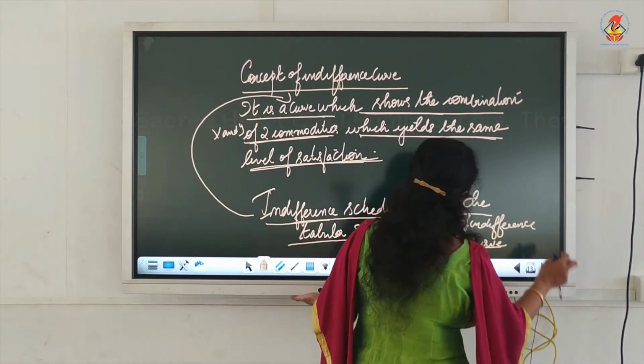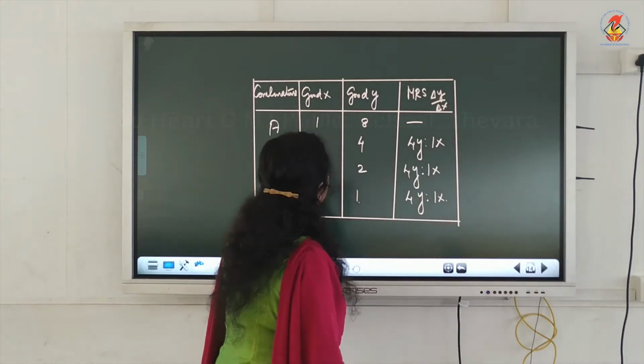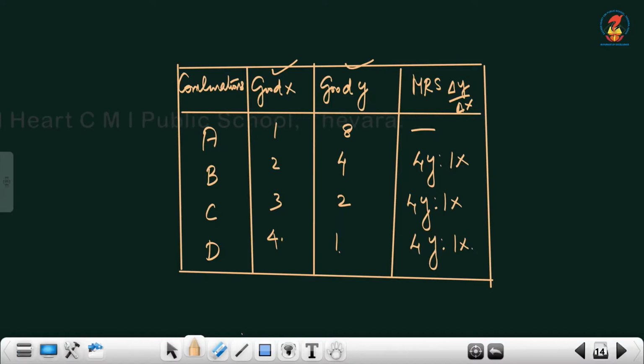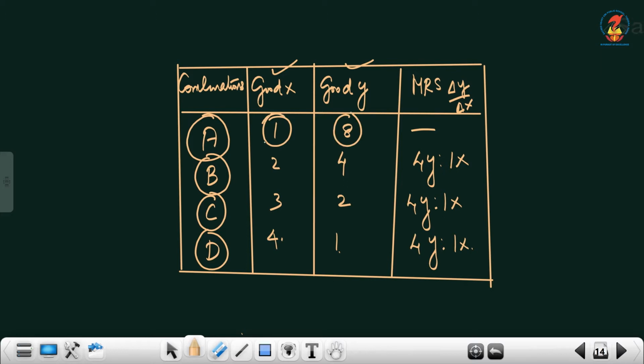Now, let us see the table. The combinations of two goods X and Y. Different combinations we can find: A, B, C and D. In the first combination you can find good X is 1 unit and good Y is 8 units.